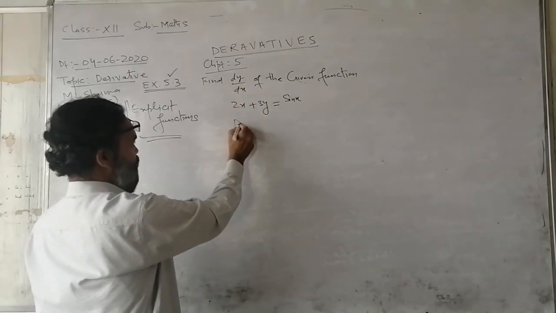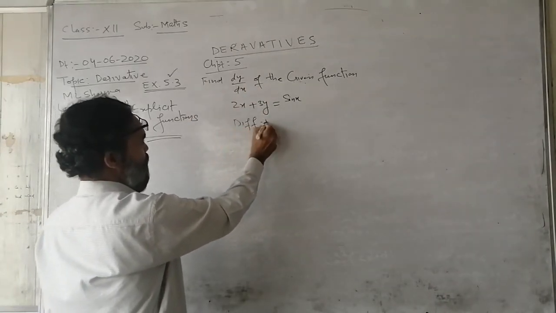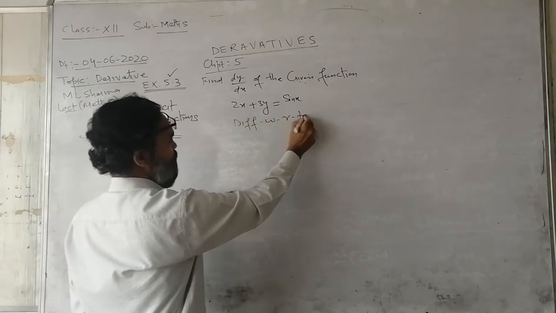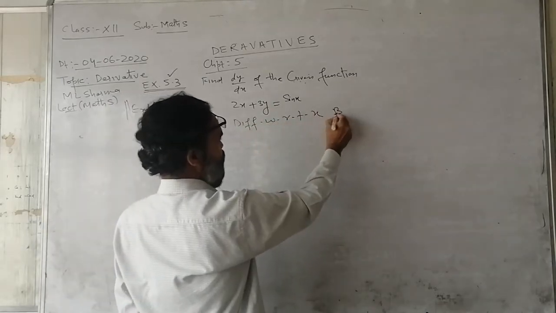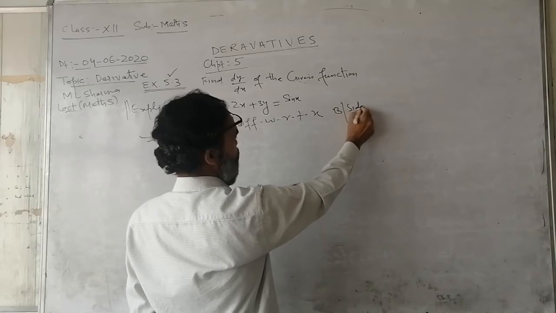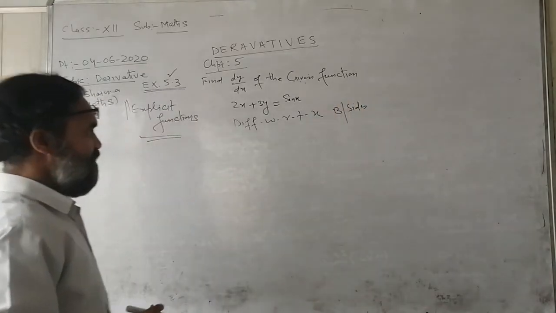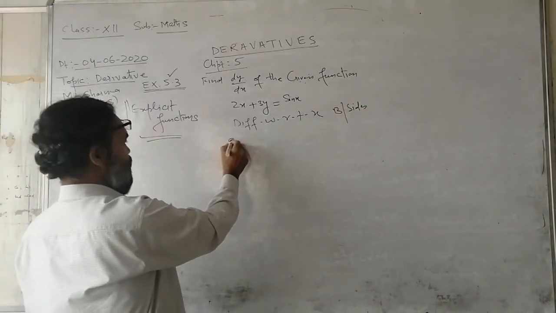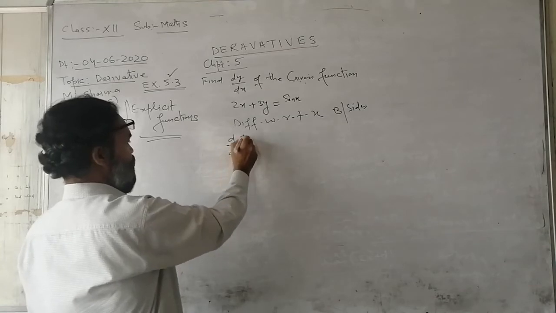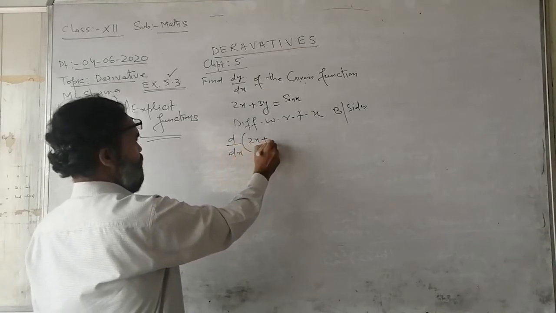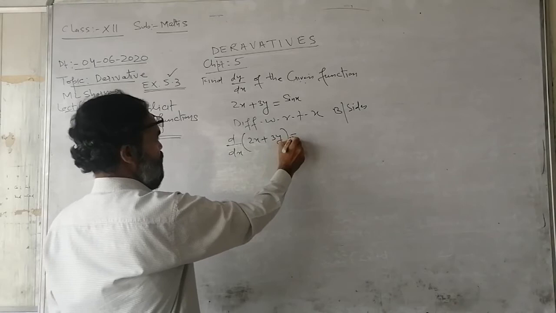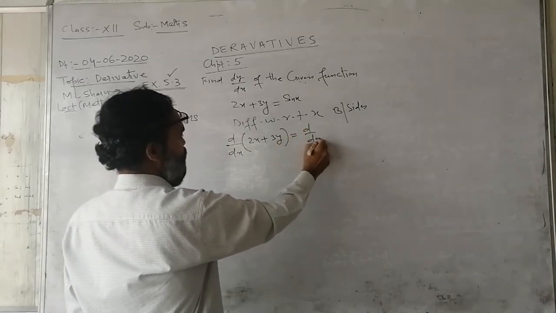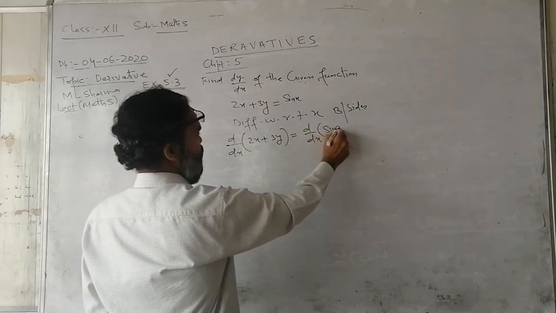So differentiate with respect to x both sides. We differentiate, that is d upon dx of 2x plus 3y equal to d upon dx of sine x.